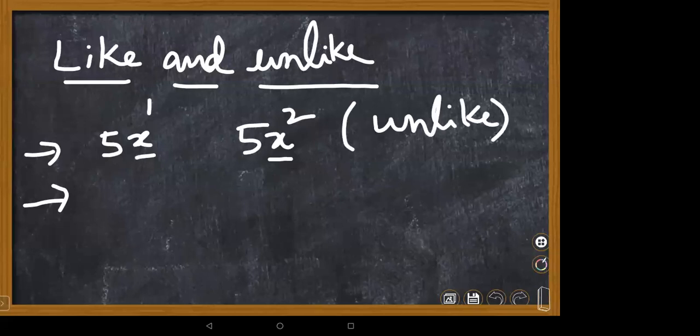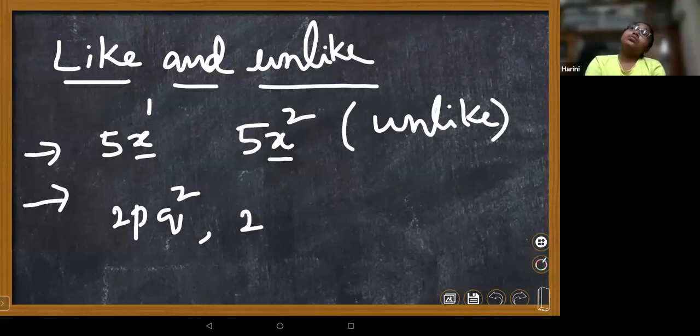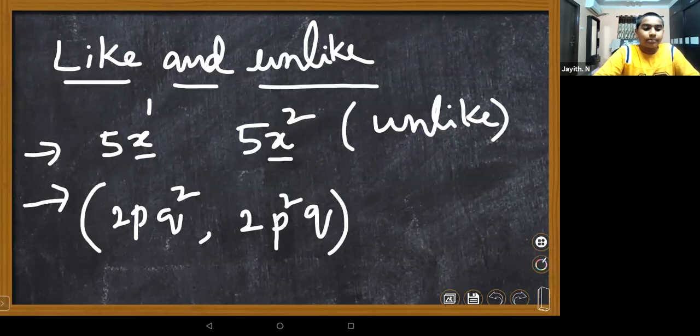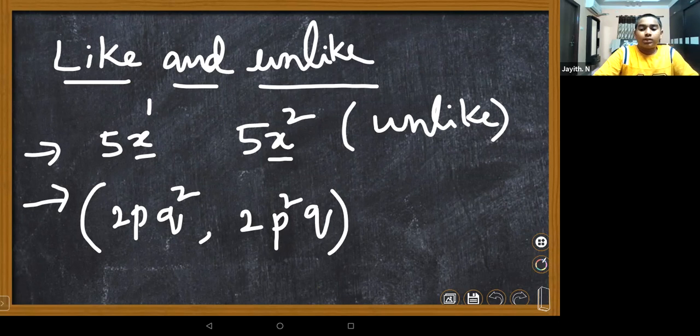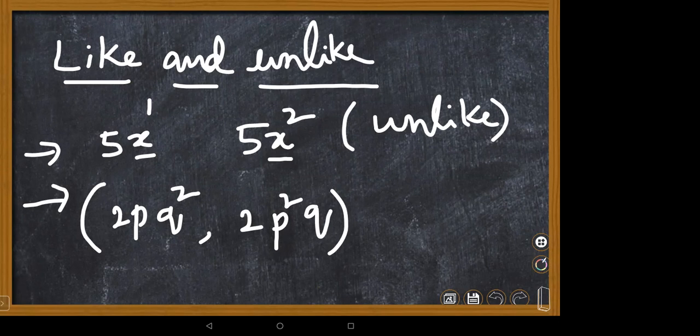Next part. 2pq square and 2p square q. Please observe carefully, children. Ma'am, it's a like term. Ma'am, it's unlike, because in the first one it is q square, but in the second one it's p square. Ma'am, it's a like term. Jait, why is it like? Where is it like? Please let me know.